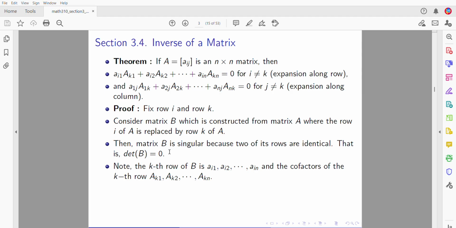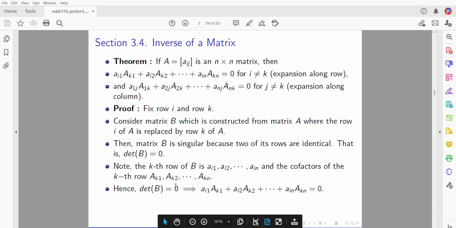Now, the kth row of B is ai1, ai2, ..., ain. Why did I use i? Because remember, I replaced the kth row by the ith row. So ai1 through ain, whereas the cofactors are ak1 to akn. My determinant of B, where I have two rows identical, using the kth row and its cofactors, is 0.